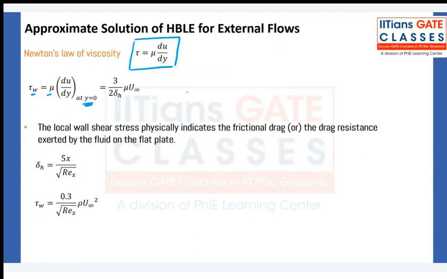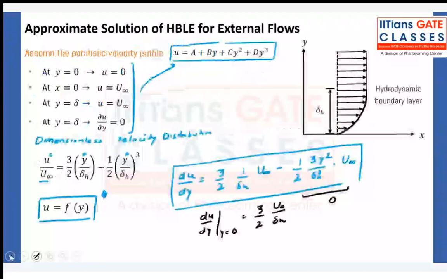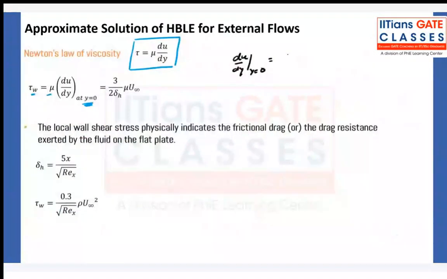So du by dy at y equals 0 is equal to 3 by 2 u infinity by the hydrodynamic boundary layer thickness. Okay. Now in order to find out shear stress, I need to multiply it by mu. So I will get shear stress as this.